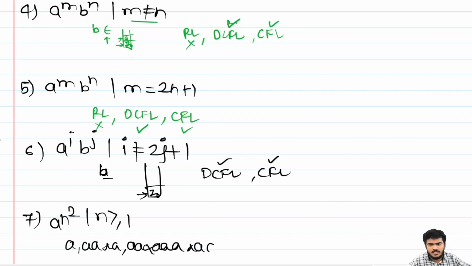Okay, so we will get such types of strings in the language, but one thing is that we are not able to form a deterministic PDA or non-deterministic PDA for this. Not even a regular finite automata can be designed for such a language.